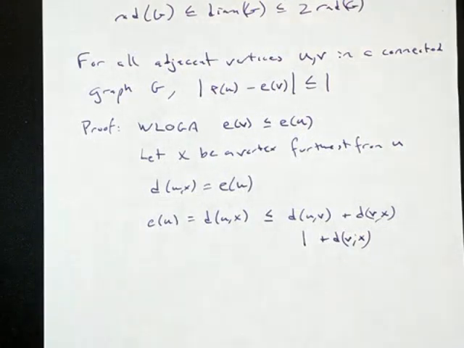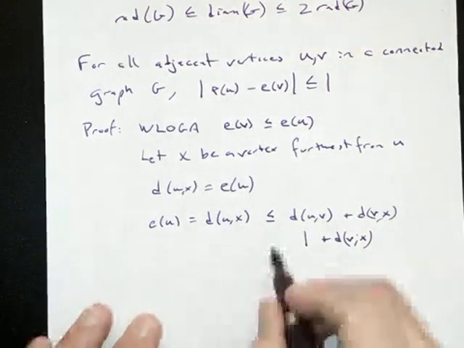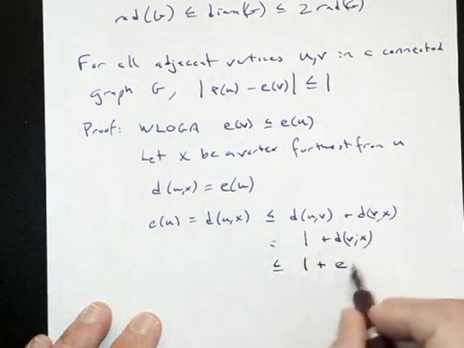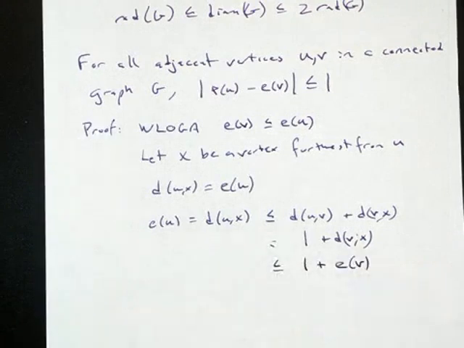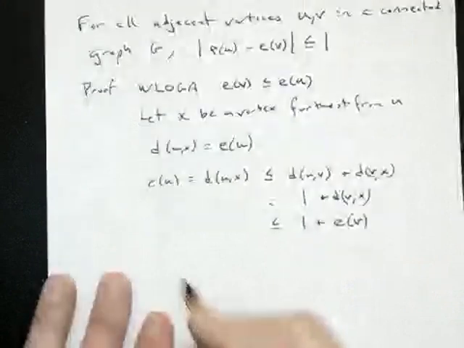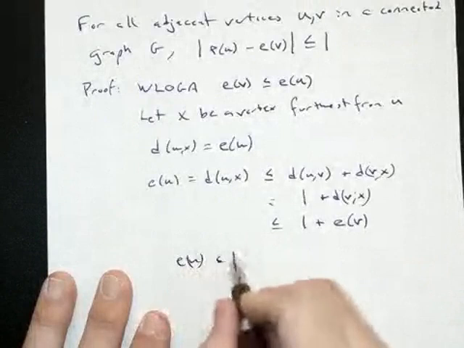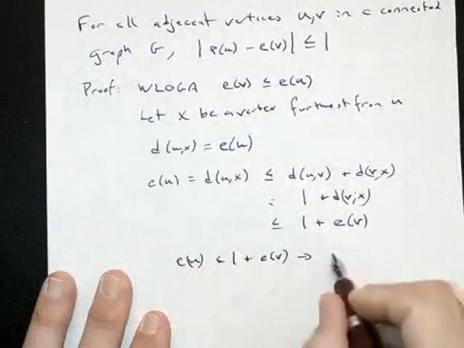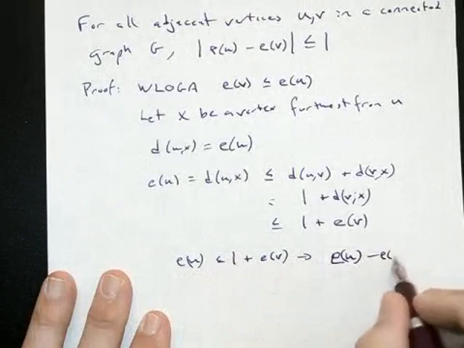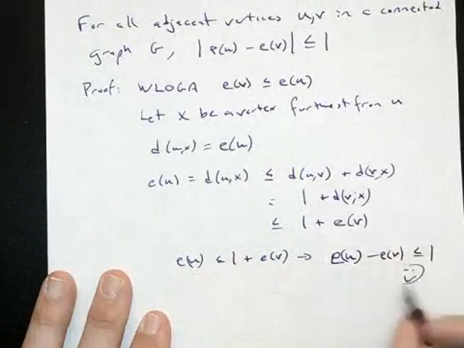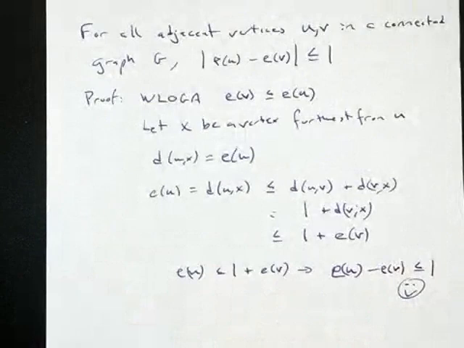But that means that that's less than or equal to 1 plus E of V. Because E of V is the farthest distance you can get from V. And this X might not be far away. It might be closer. So E of U is less than or equal to 1 plus E of V. Ta-da! Triangle inequality rides to the rescue again.